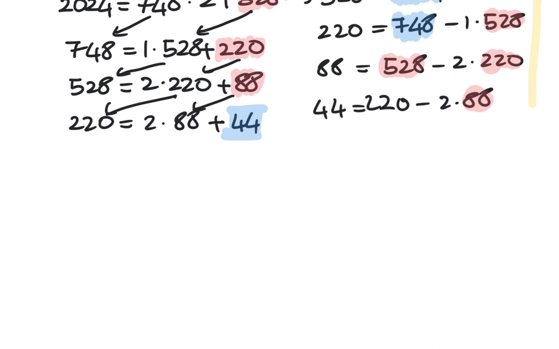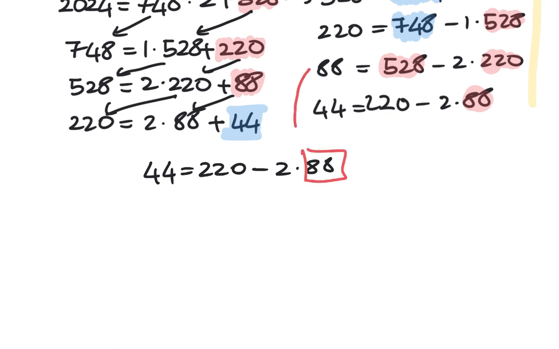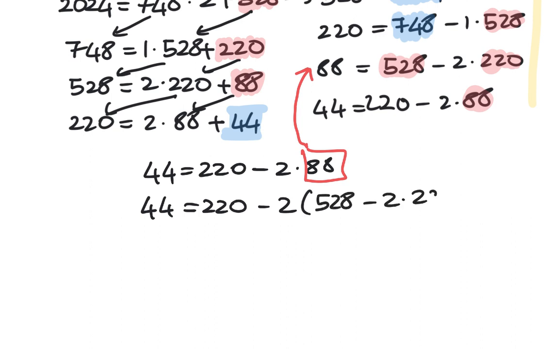So let's rewrite this last equation: 44 equals 220 minus 2 times 88. The next equation has 88 written in terms of two other remainders, so we replace our 88 with the equation above. Here we have 44 equals 220 minus 2 times (528 minus 2 times 220).